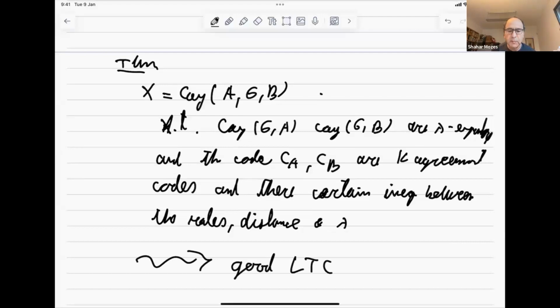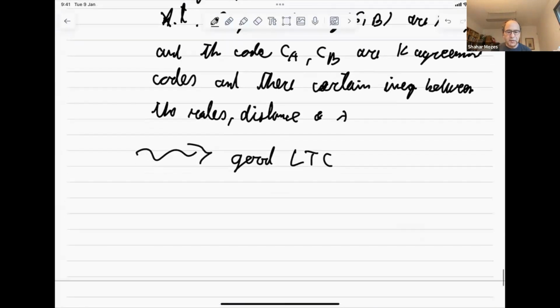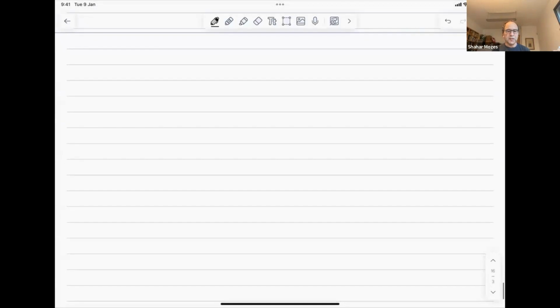So you get a locally testable code with a fixed number of queries and bounded distance, and the rate is bounded from below. Now, I want to say something about the proof of this, because it's some kind of nice idea, which I think is worth it.